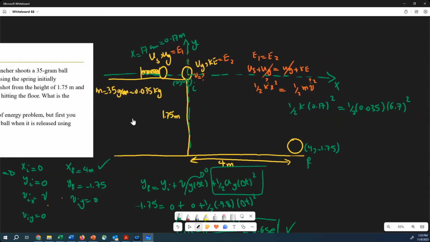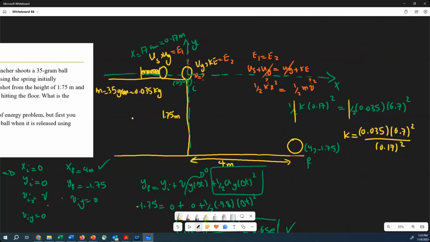So if I calculate this, these 1 over 2 cancel each other. So K will be 0.035 times 6.7 squared divided by 0.17 squared.